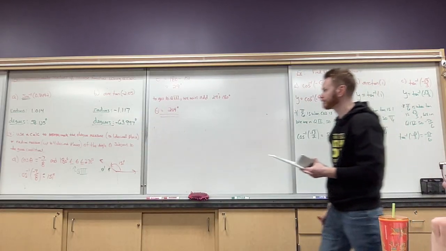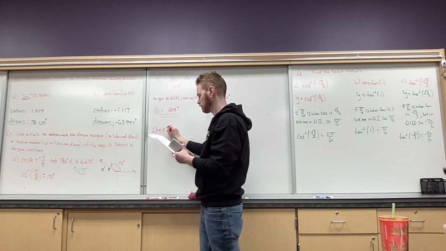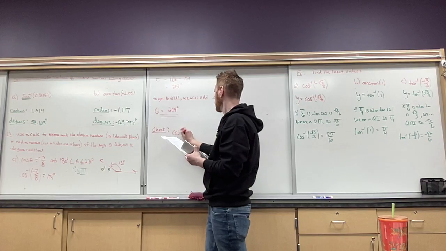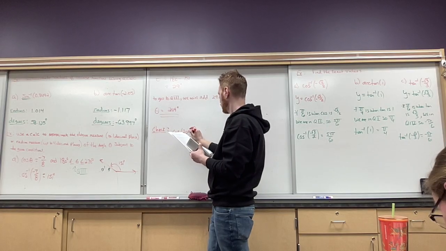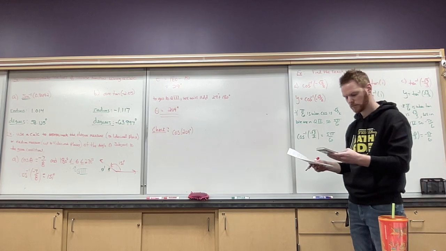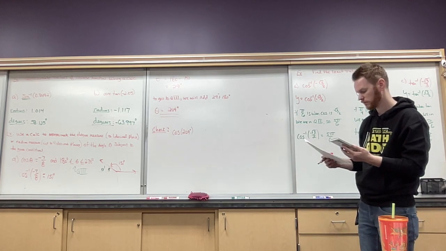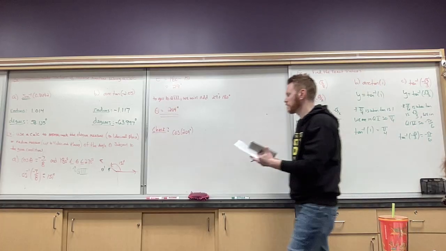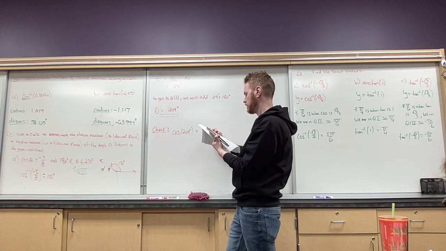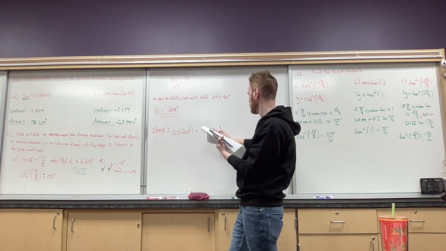Now we can check our work, which is really cool. So let me show you how to check it. In your calculator, type cosine of 209 degrees. So I'll do that with you. If we do that, we get -0.875, we'll do 3 places again.